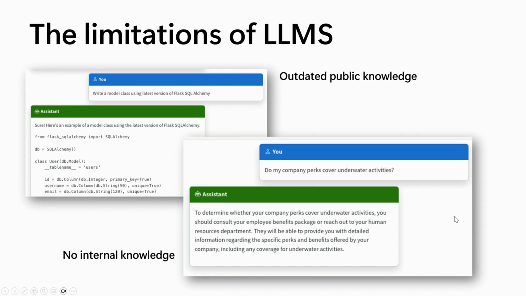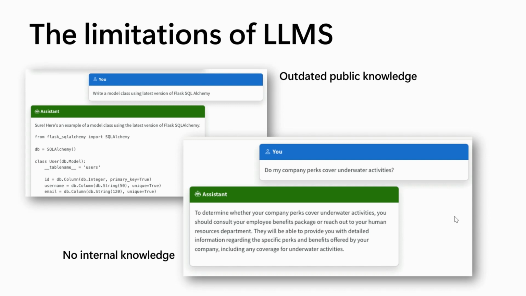In this screenshot, for the public knowledge limitation scenario, we are asking a question: write a model class using the latest version of Flask SQL Alchemy. In this case, it's clearly not the latest. What the assistant is providing is a response based on the data set used at training time, and that is the information it has.